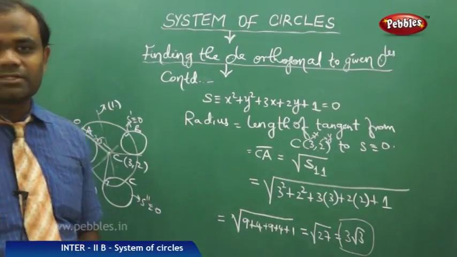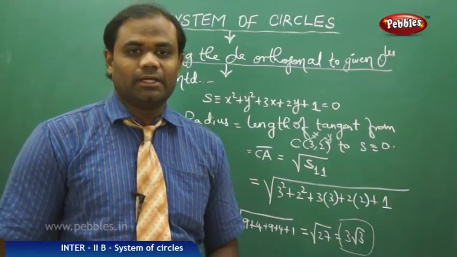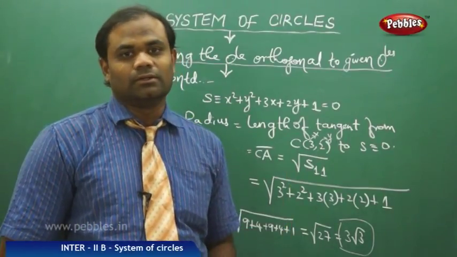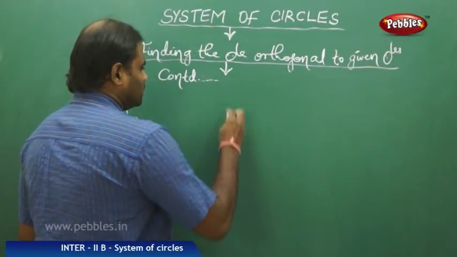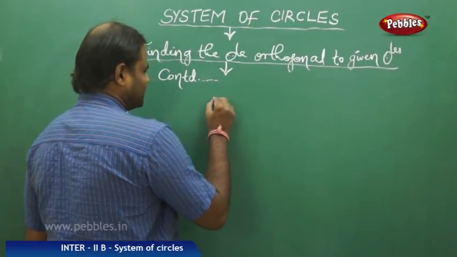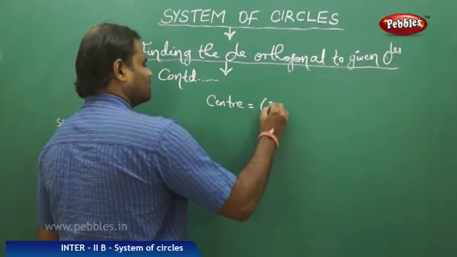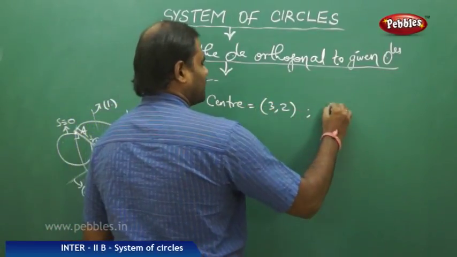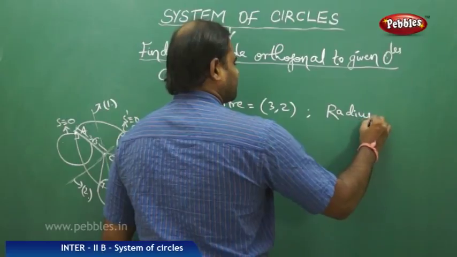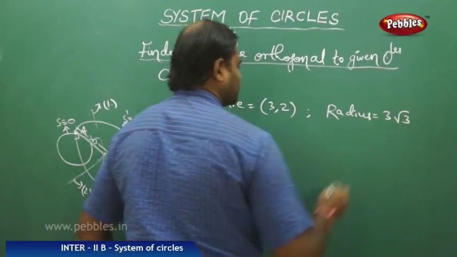So using the radius and center, we can now easily find the equation of the required circle. For the required circle, the center is 3, 2 and the radius is 3 root 3.